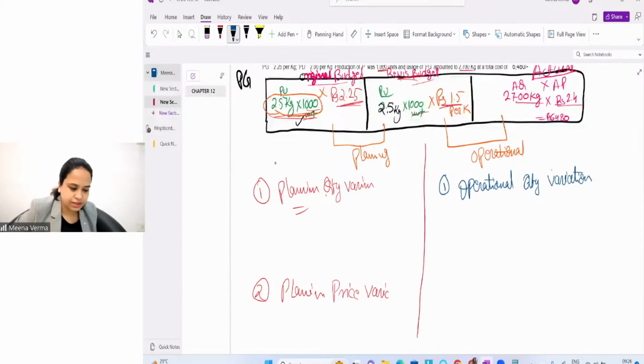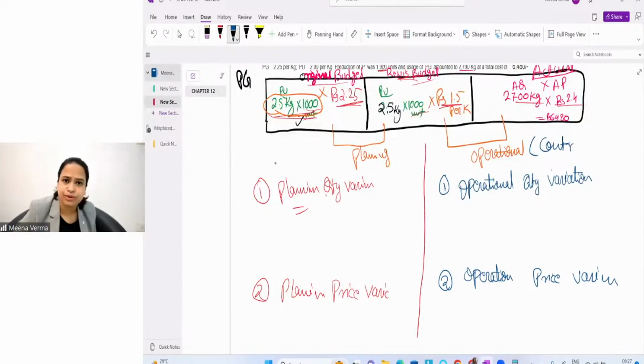And we will find the second one, operational price variation. Keep it in mind, operational variations are controllable variations, because you will see in the answer they have given you controllable variation and uncontrollable variation. This is controllable. You can control it, but planning variation is uncontrollable. You cannot control it. It is beyond the control of the management, right?